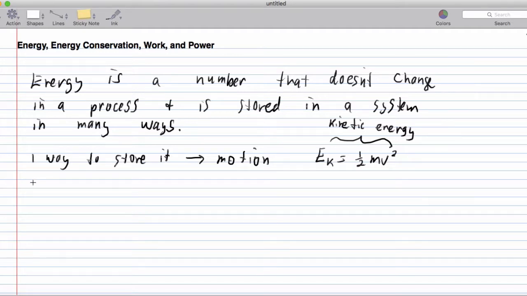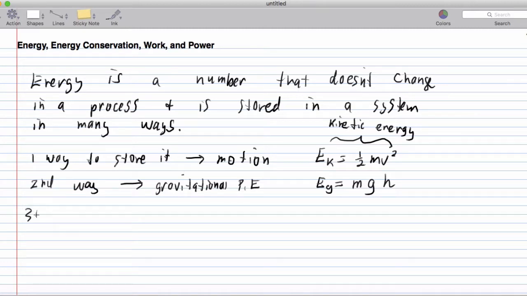A second way to store it, you can store it as gravitational potential energy. And that basically says you can store this number by taking a mass, giving it some height in a gravitational field.